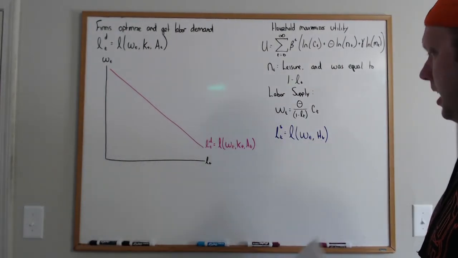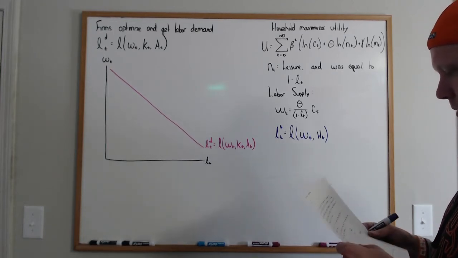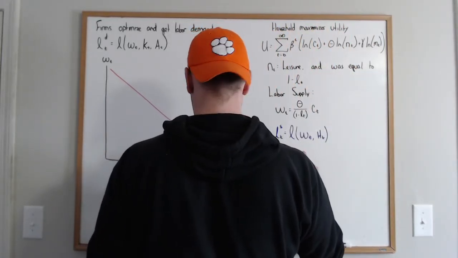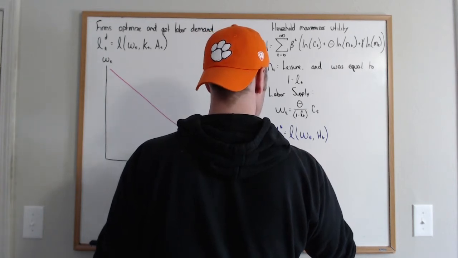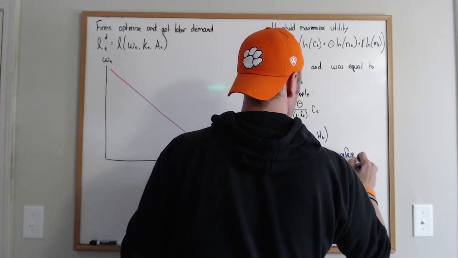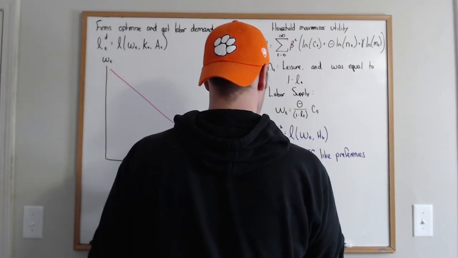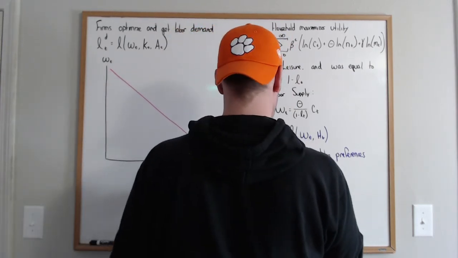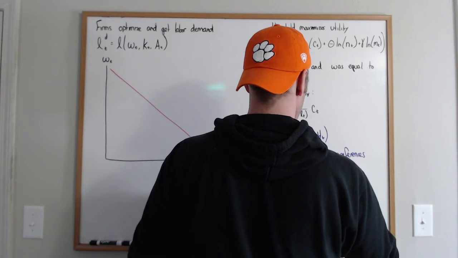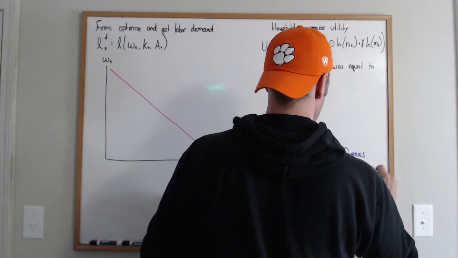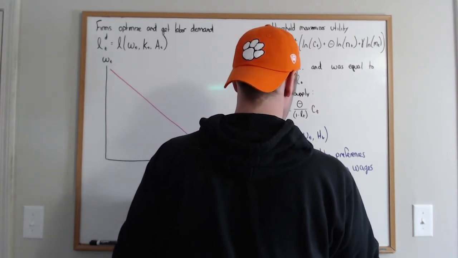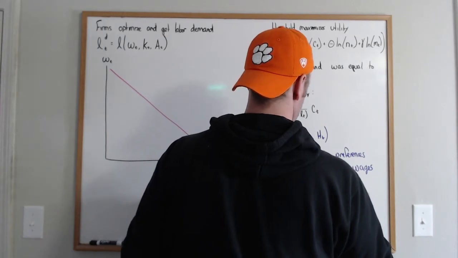This H_t accounts for all that other stuff, like preferences and things other than the wage that affect labor supply.